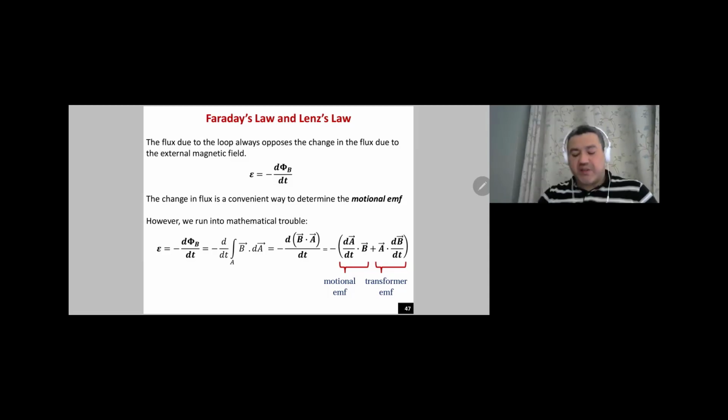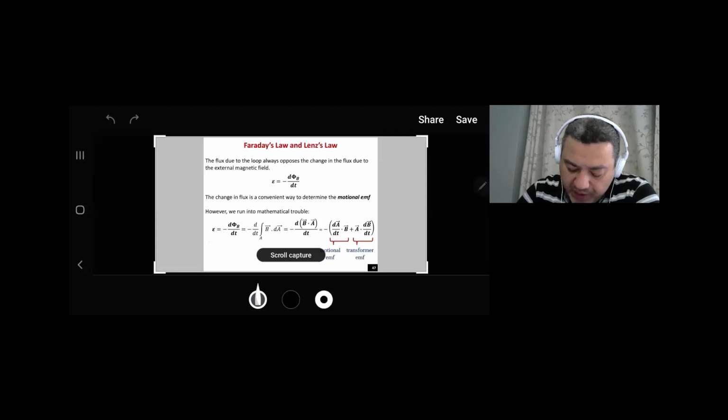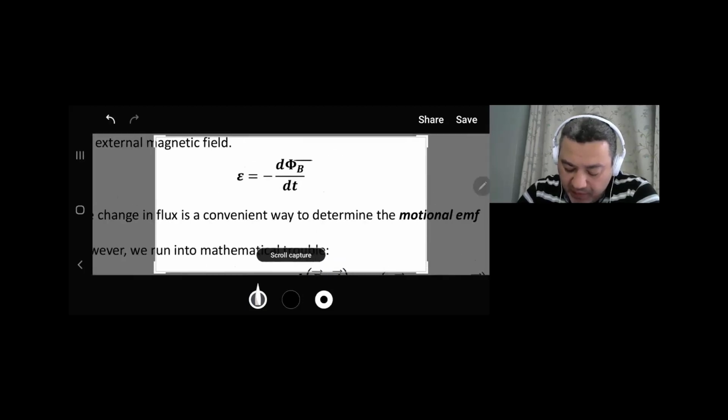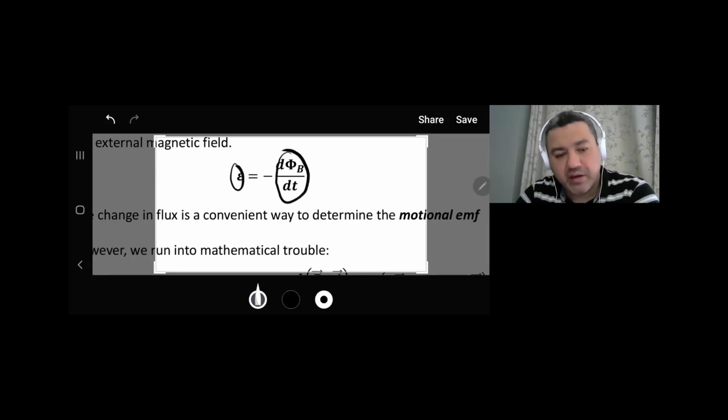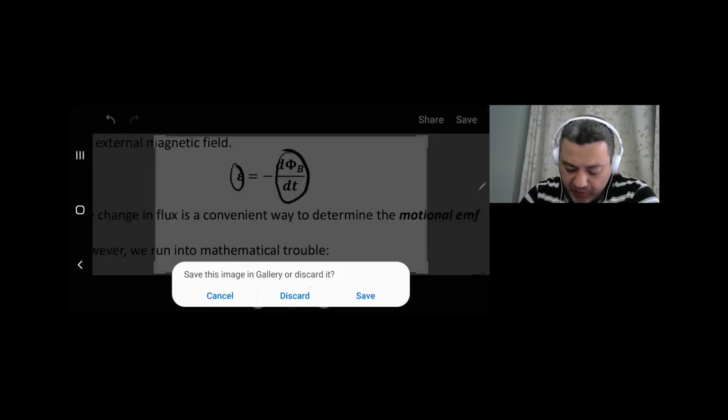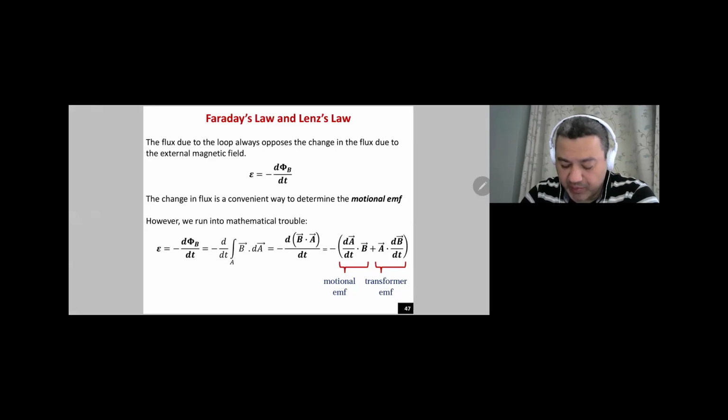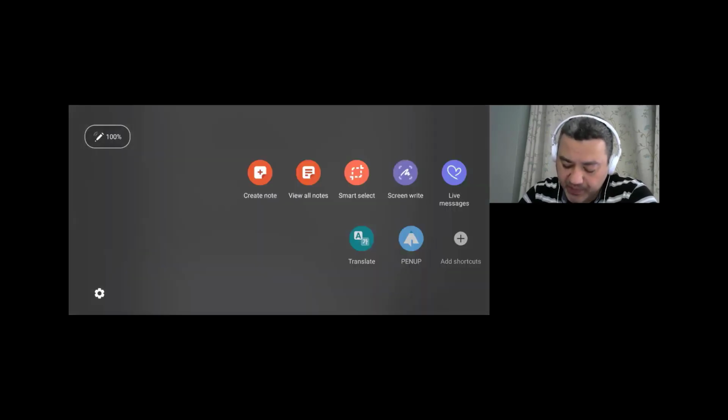Lenz's law, as we'll see later on, is responsible for the negative sign introduced here between the variation of the flux and the induced electromotive force. We will talk about that shortly. But before we do this, let me first explain how Faraday's law works.